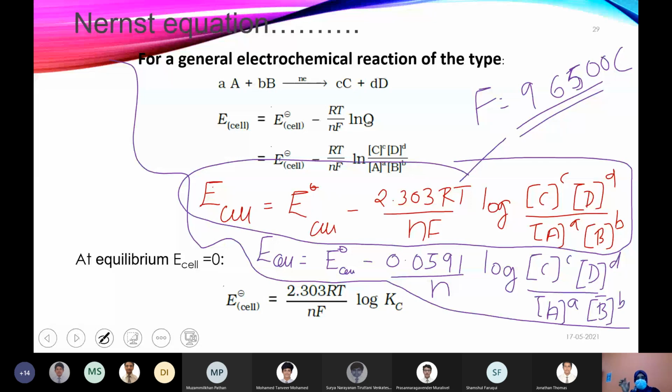If they have mentioned a temperature other than 298 Kelvin, then you use the red one and substitute all the values. Don't use the last one. Otherwise, for a normal case, only use the last equation, because multiplying with 8.314 and 96,500 every time will be difficult. So when the temperature is different, only use the basic equation. Otherwise, use the last equation, this one.